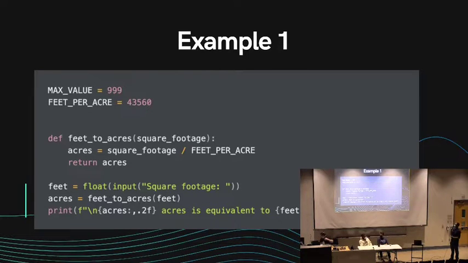But one thing to note is it's returning one value at the end. And then as you can see, when we're calling it, we always assign it to a variable. Since we're returning a number, we should assign that number to a variable when we call it. And we have to pass in one parameter just like the function stated. So the feet to acre is going to have an error if you don't pass anything in.